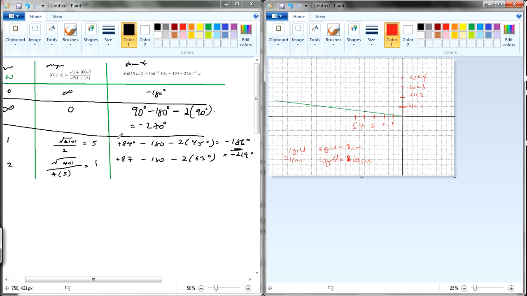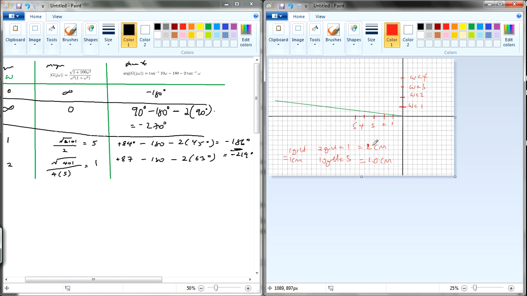So if you want to plot a magnitude of 5, 1 grid equals 1 cm, as I say. If 2 grids equals a magnitude of 1, then it's 2 cm.